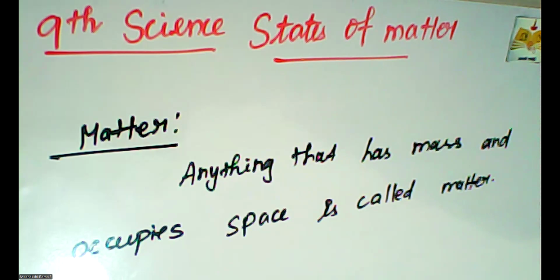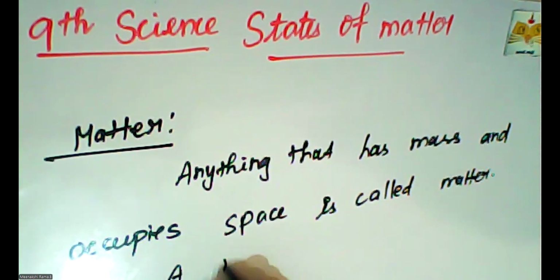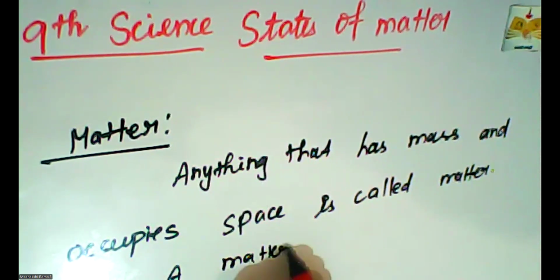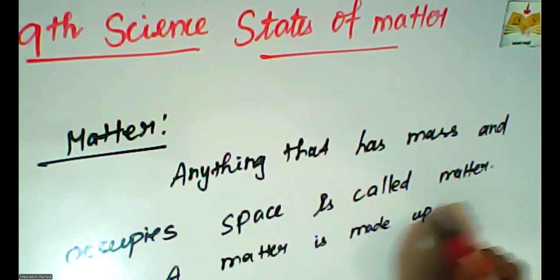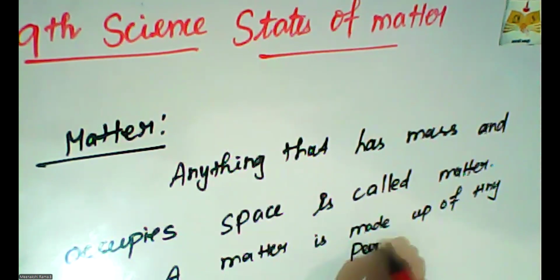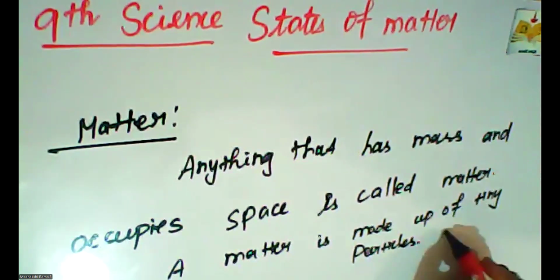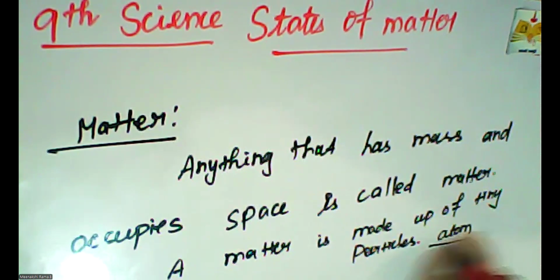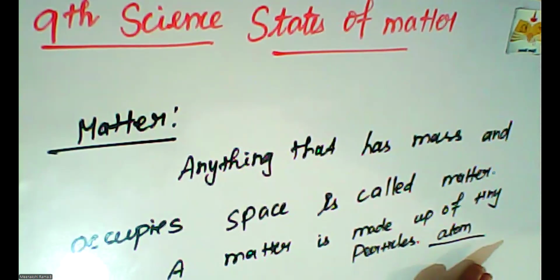Matter contains a lot of tiny particles. Matter is made up of tiny particles, and these tiny particles are called atoms.